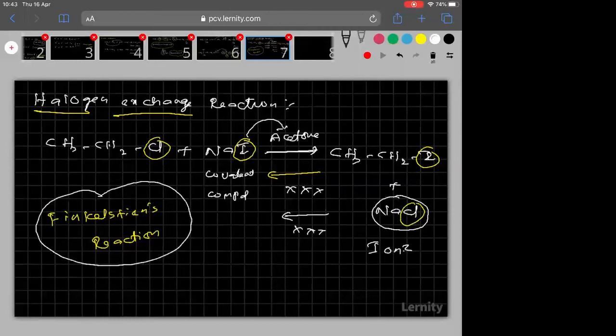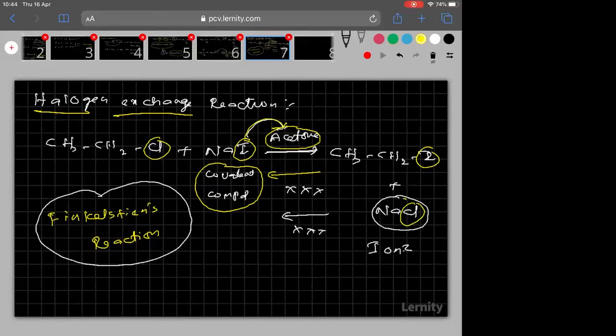What will you get here? Iodoethane plus NaCl. And this reaction does not go in the backward direction. Why? The reason is that sodium iodide is a covalent compound. Covalent compounds are soluble in non-polar solvents like acetone. So this is soluble, therefore the reaction will move in the forward direction.